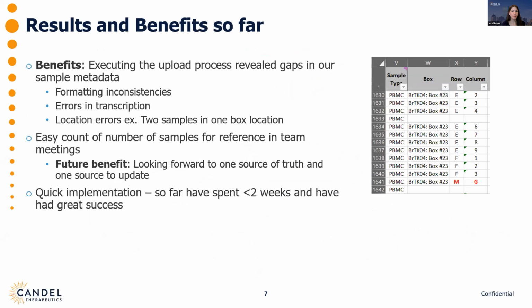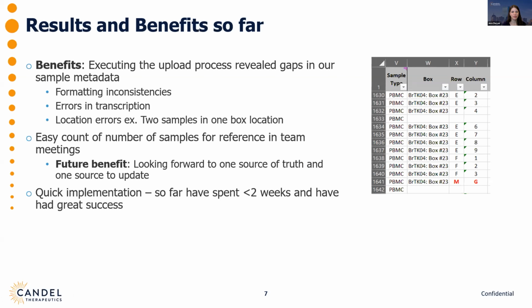The implementation and upload process for the samples so far has revealed to us some errors in our sample metadata that were contained in the Excel spreadsheets. We found things like formatting inconsistencies, typos, and location errors. We had 2 samples that were assigned to the same location, all of which Sample Manager let me know about as we were uploading the data.